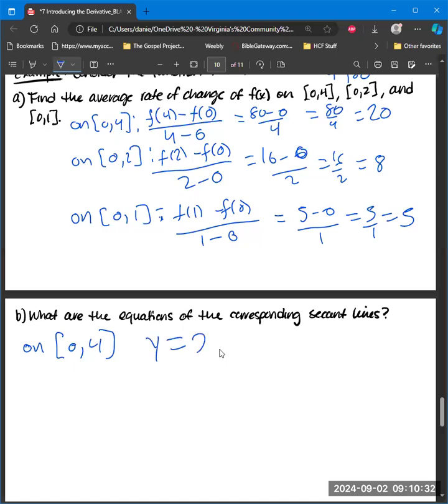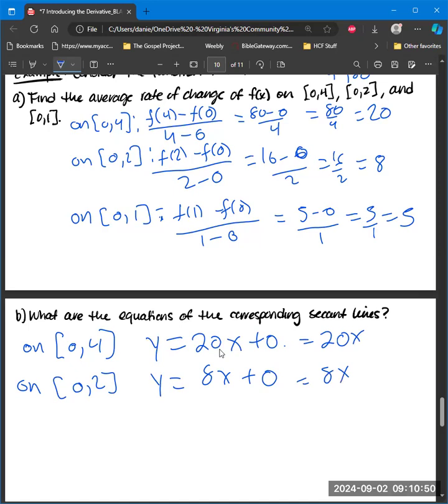So y equals 20x plus 0 for the y-intercept, which is 20x. On 0, 2, y equals 8x plus a y-intercept of 0, so that's going to be 8x. And on 0, 1, we had a slope of 5, so y equals 5x plus a y-intercept of 0, which is just plain old 5x.